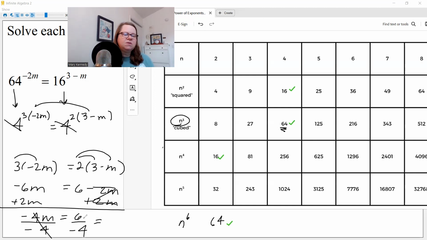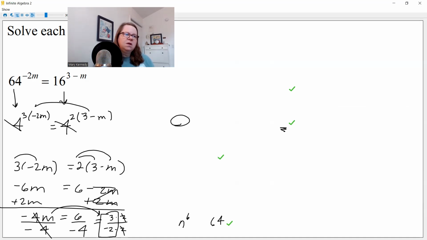And I just want to reduce that fraction. So I know 6 is 3 times 2, and negative 4 is 2 times 2. So those 2's cancel. So my answer is m equals negative 3 over 2. And negative 3 over 2 is the value of m in this equation.